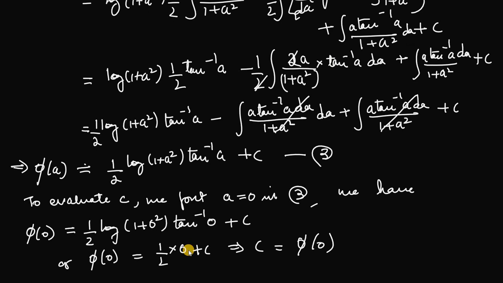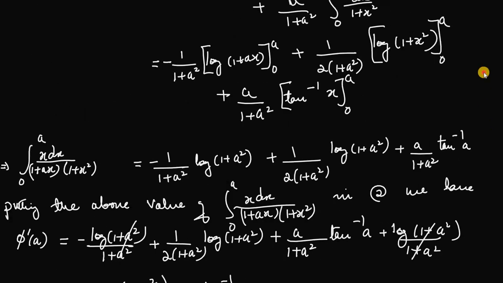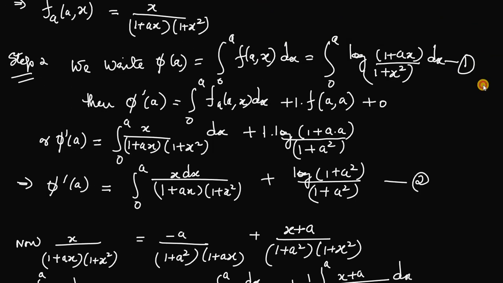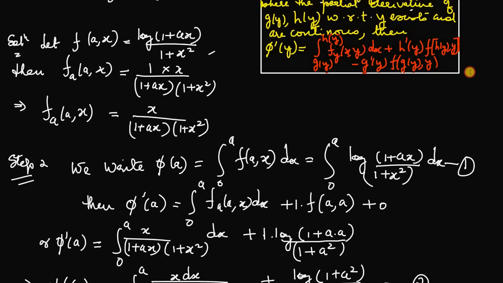But what is the value of phi of 0? Phi of 0, if you see the original equation, from equation 1, we have phi of a is equal to integral 0 to a log of 1 plus ax by 1 plus x squared dx. If you replace the upper limit a by 0, then the integral of 0 to 0 will be 0.